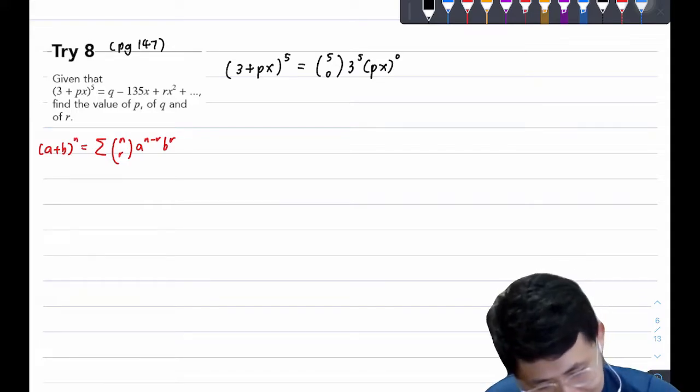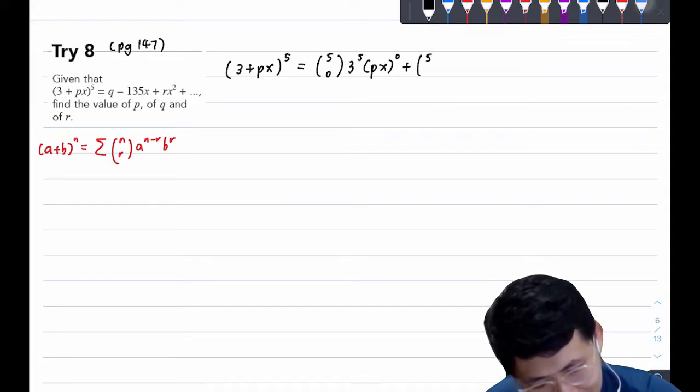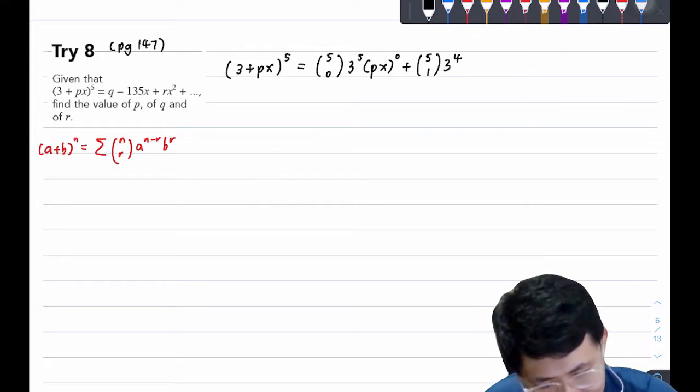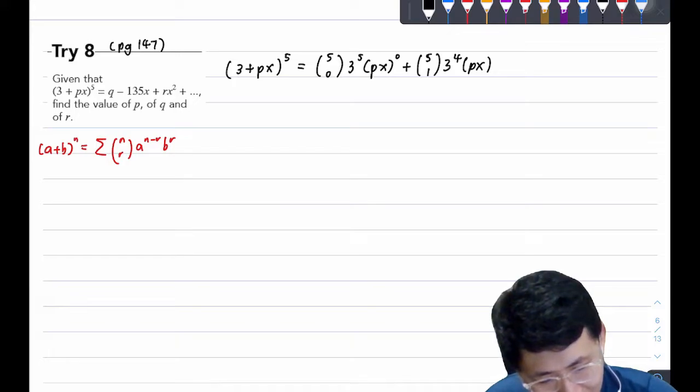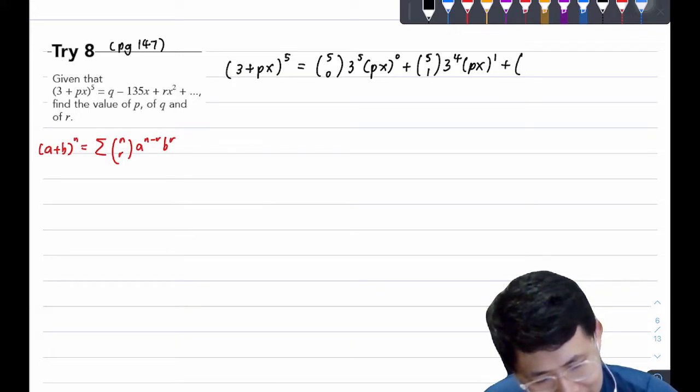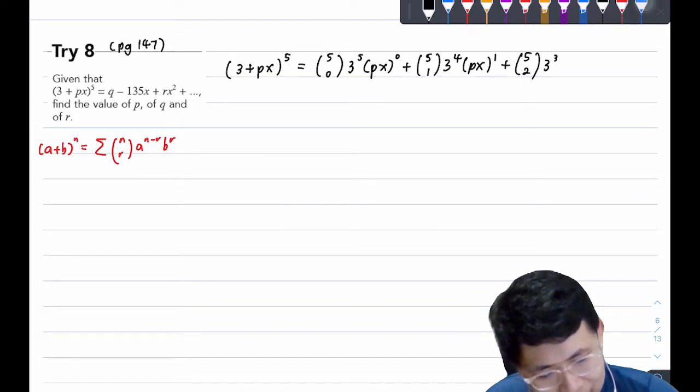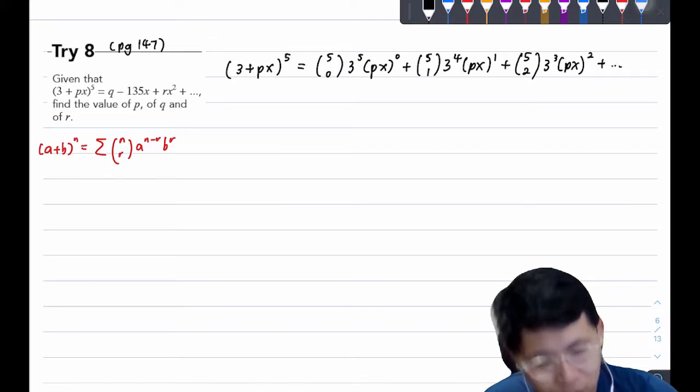First term. Second term, n choose r, 3 to the power of n minus r times b to the power of r, plus n choose r of a to the power of n minus r times b to the power of r, plus so on and so forth.